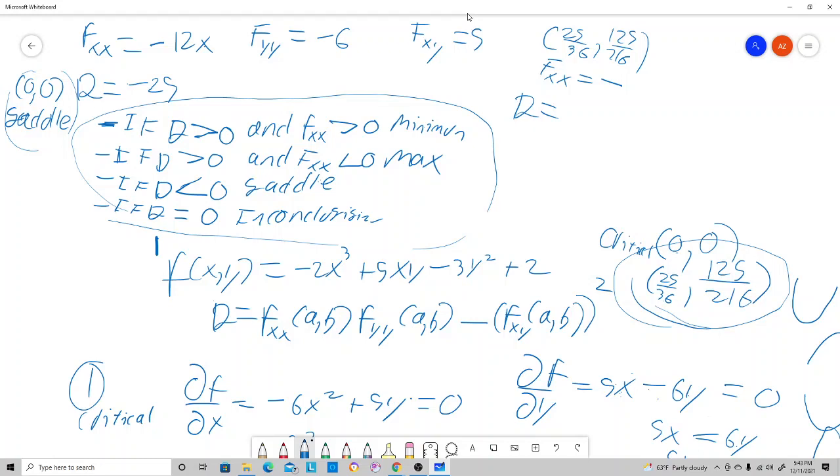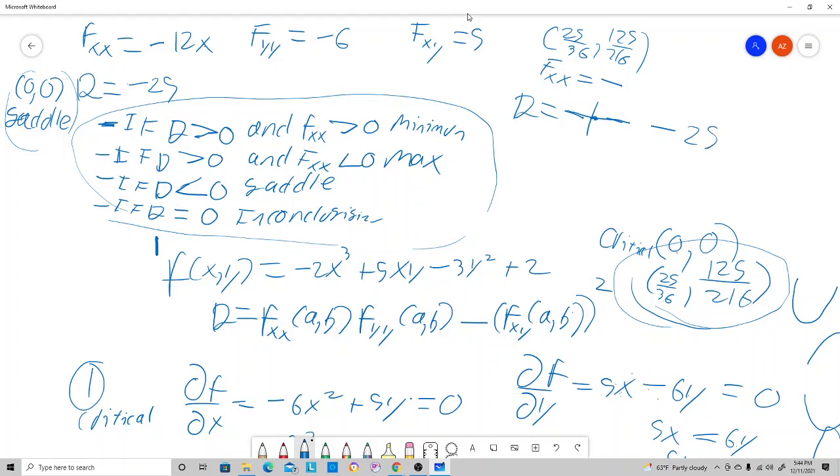For that point, we just have to plug into the formula. So fxx times fyy is going to be negative times another negative, which becomes a positive. And then we have it minus fxy squared, which is going to be 25, minus 25.